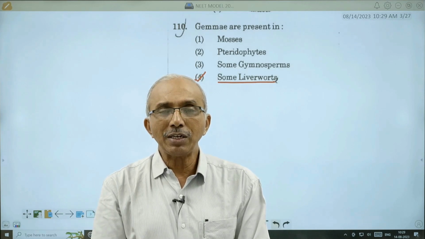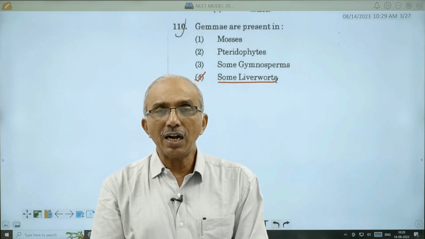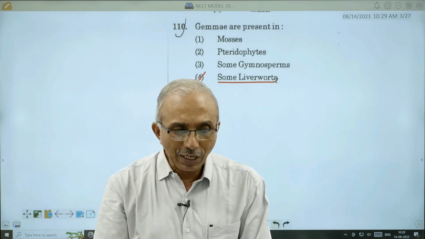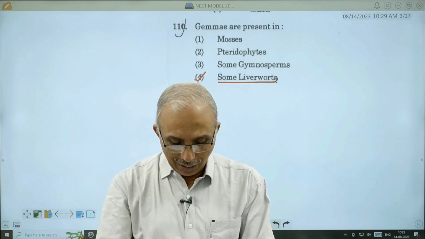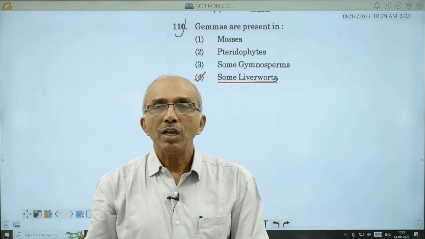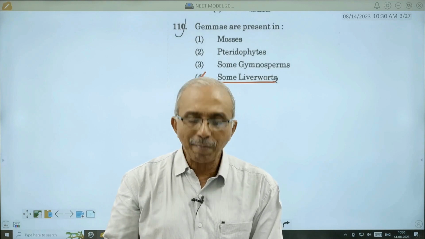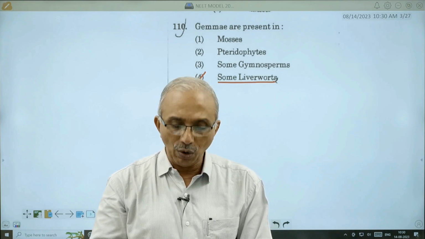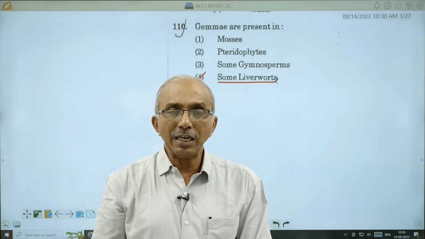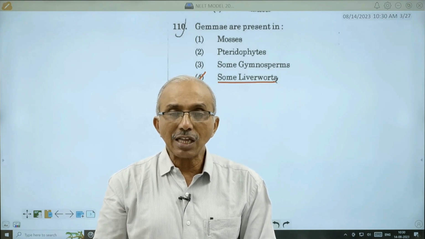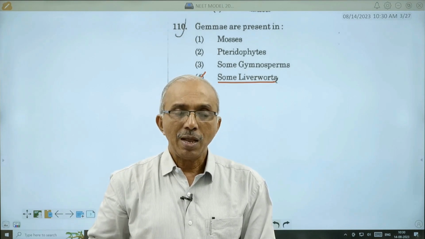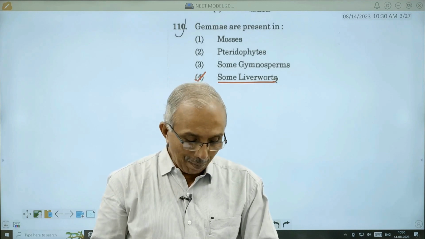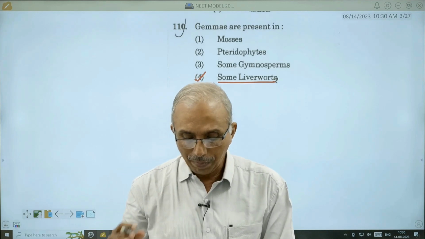They are multicellular, green colored structures. They have a stalk. They are produced in small cavities called gemma cups. And these gemmae are present not in all liverworts, but in some liverworts. The example is Marchantia. Marchantia is a liverwort which possesses gemmae and gemma cups.